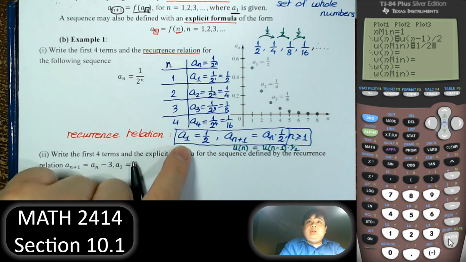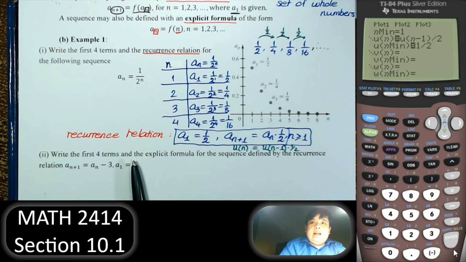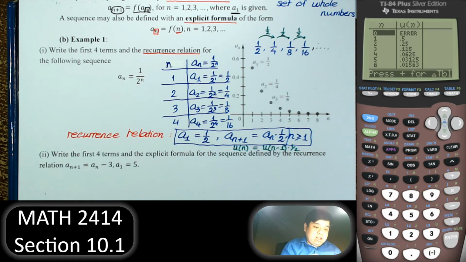We start with 1, and the first term of the sequence is equal to 1/2, and that's it. And we have the same sequence: 1/2, 1/4, 1/8, and so on. So that's how we type the recurrence relation.